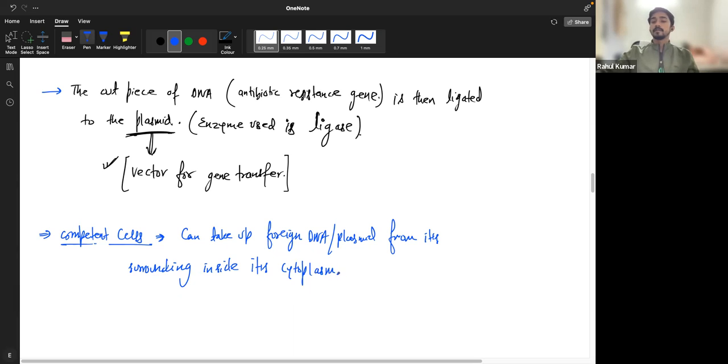So that's how we make sure that all this process does not go waste and we successfully end up putting our gene of interest or our recombinant DNA into the cells.